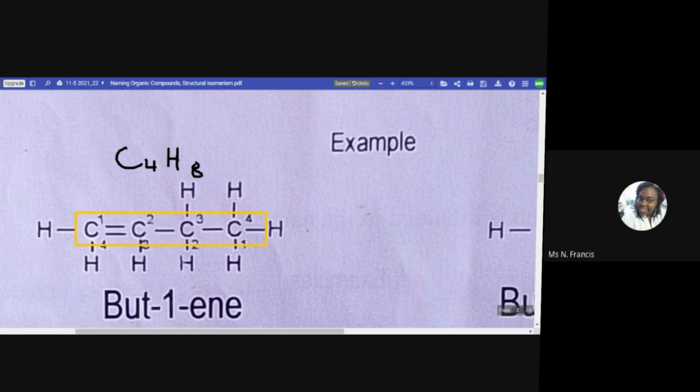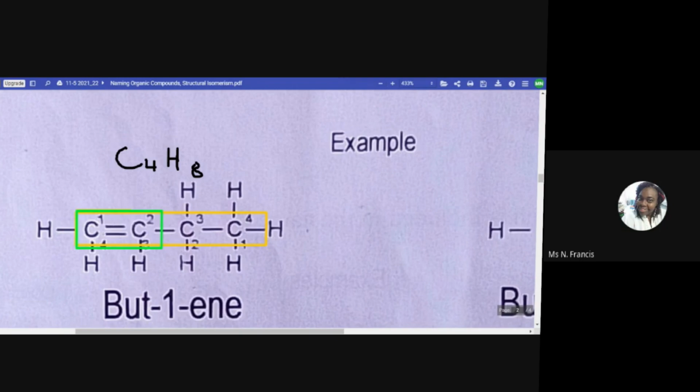If you had drawn the double bond between the first 2 carbon atoms, this is where you put your double bond. We're going to do the same thing. We look at the number of carbon atoms in our longest chain. We see that is 4, so we know it's butene.